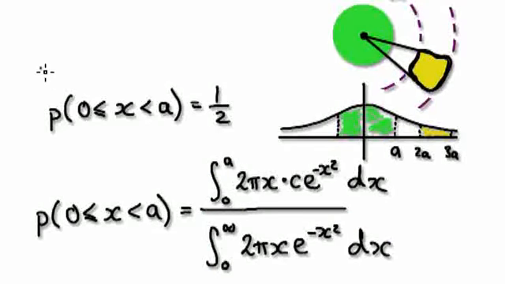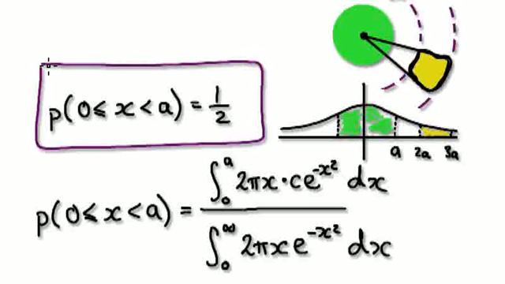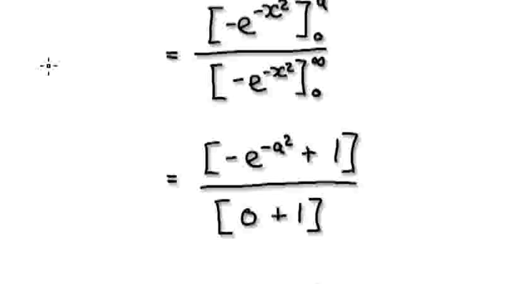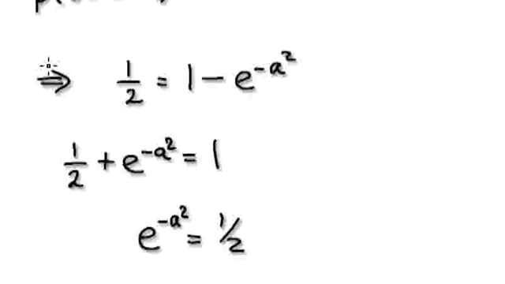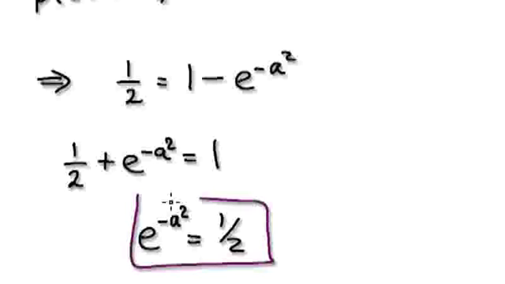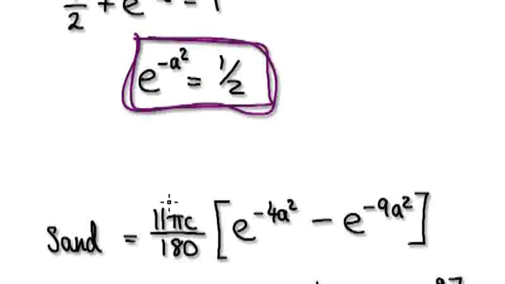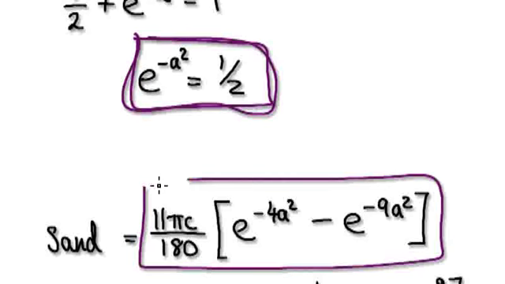And we've done this before. So looking at the initial condition, it will lead us to this. Looking at this, we can then put it back into the sand. Earlier we were at this stage here.